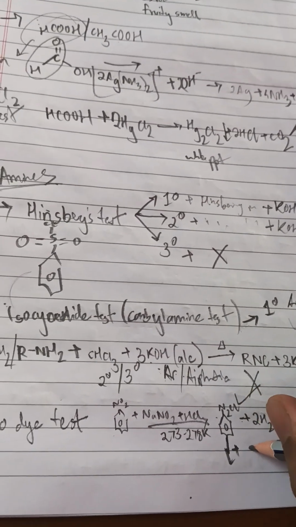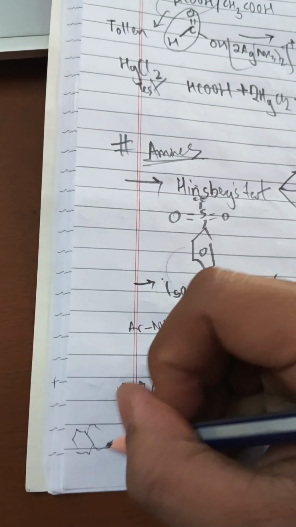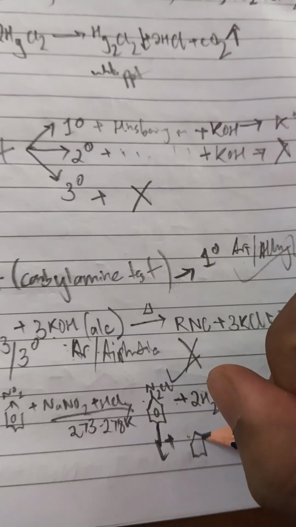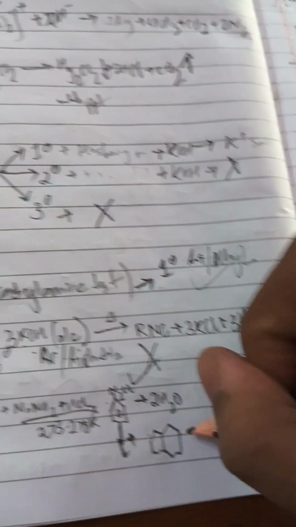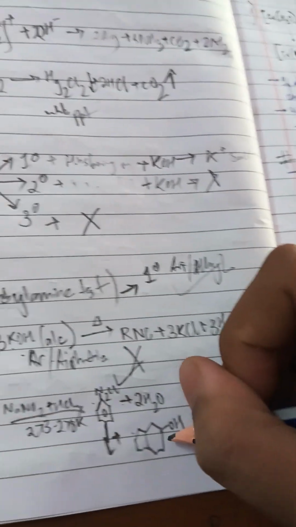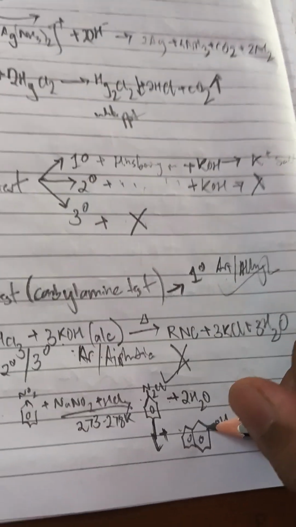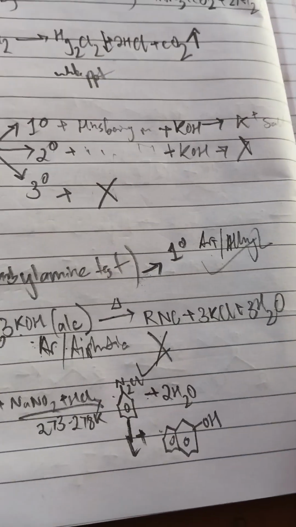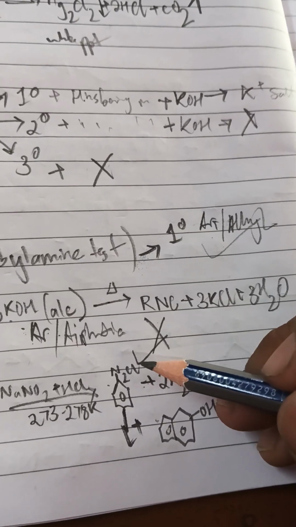Now, this thing plus, do you know about naphthalene? Yeah, that structure, naphthalene. Just add this right here. All right, this is 2-naphthol. Sorry, 2-naphthol, and this is benzene diazonium chloride.